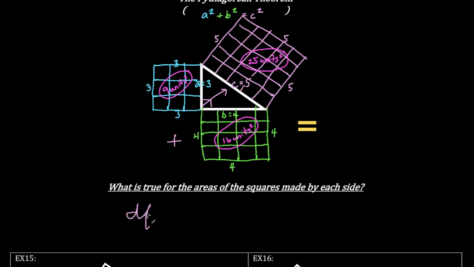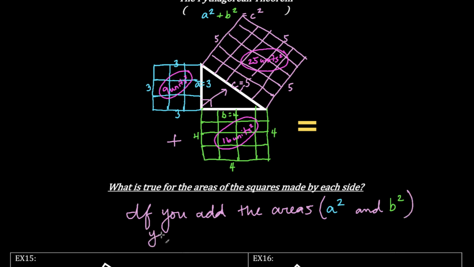If you add the areas, a squared and b squared, you get the area of the large square.